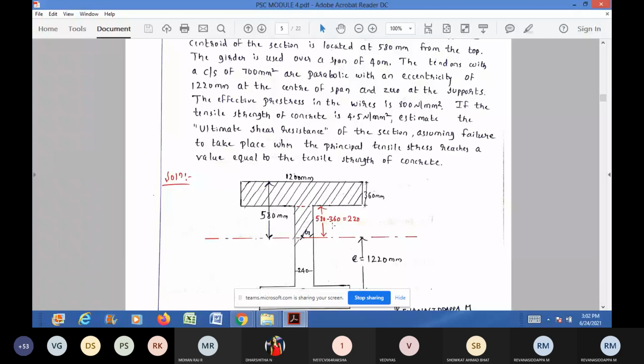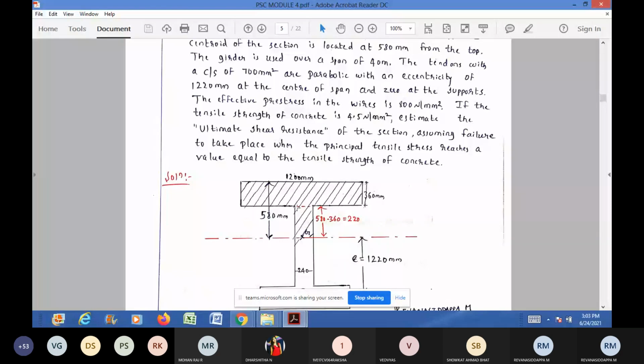See here, there are two components. I mean, there are two rectangles. One rectangle with respect to the web, and one rectangle with respect to the flange. You take moment of both the rectangles about the neutral axis and add them up, and you will get the total static moment of this whole area about the neutral axis.